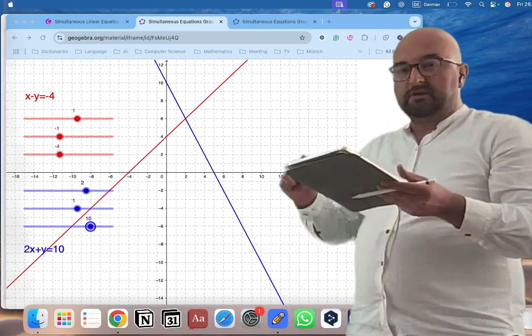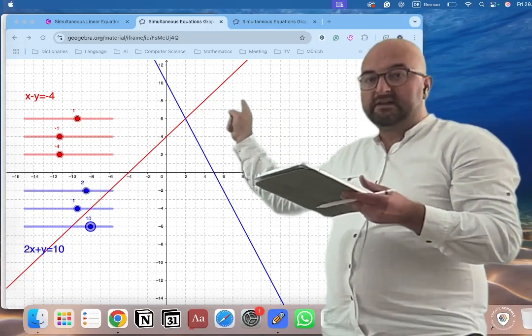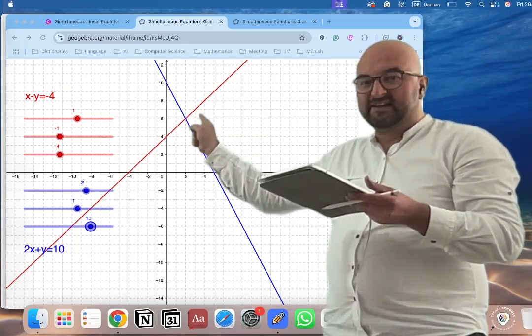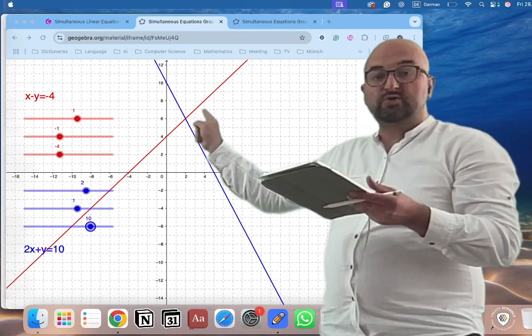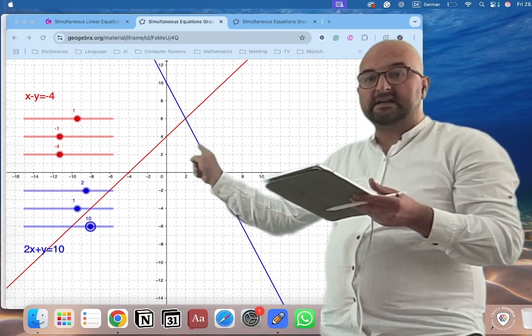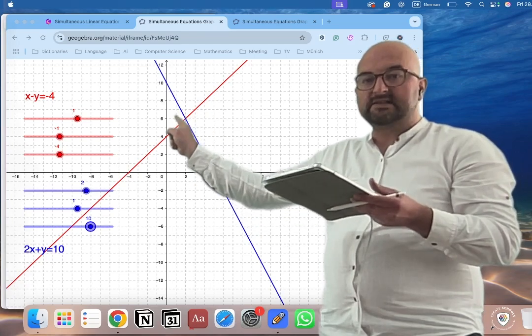When you look over this graph, you can find the cross point here. This cross point is 2 and 6. As you see, the x value is 2 and the y value is 6 here.